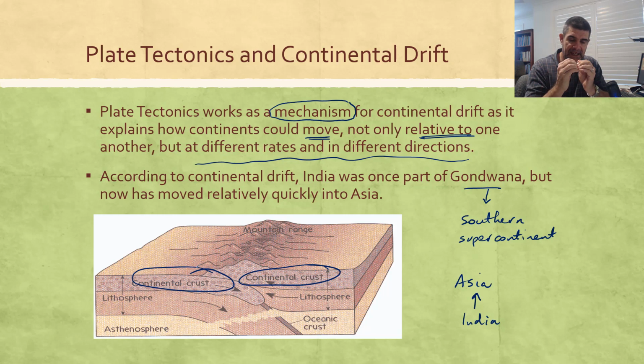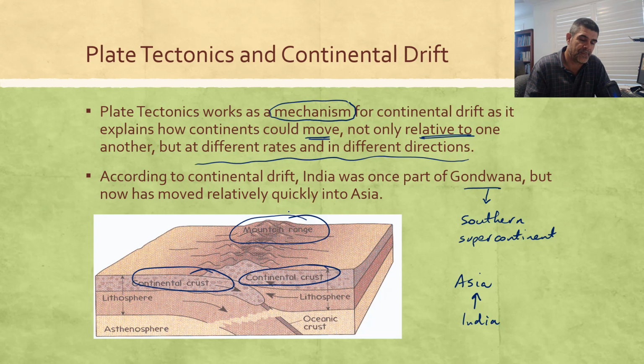And effectively, as the pressure builds, you can see that the material starts to buckle and fold over the top of itself. And what this does is create massive mountain ranges. The mountain ranges that are formed are a result of this collision between two plates, both of which consist of continental crust.